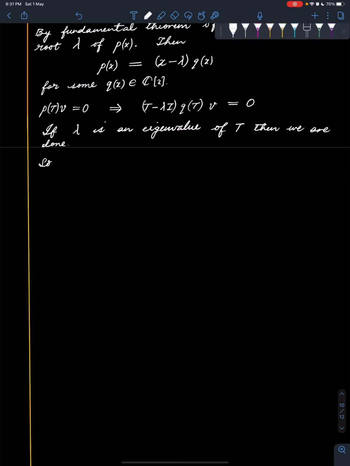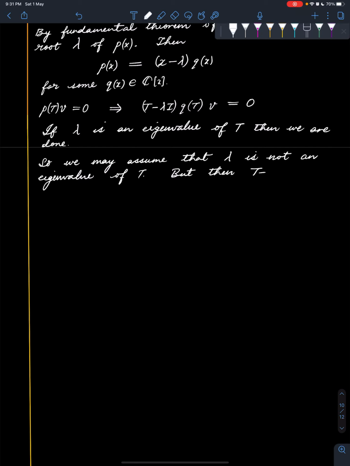So we may assume that lambda is not an eigenvalue. But then T minus lambda I is invertible.